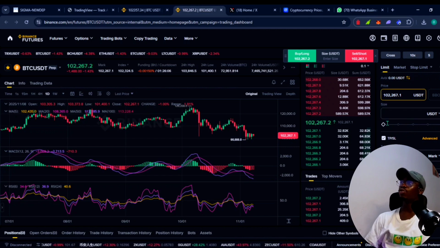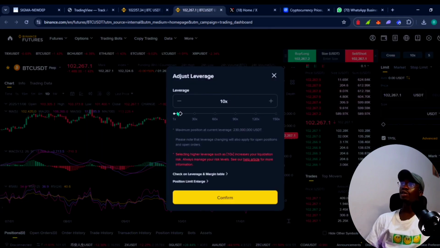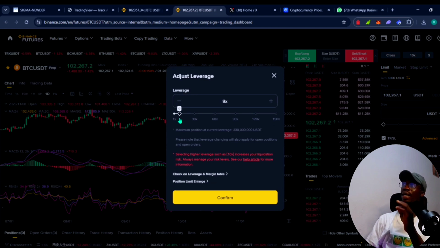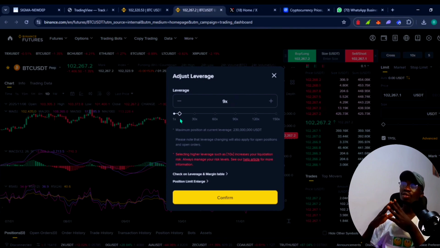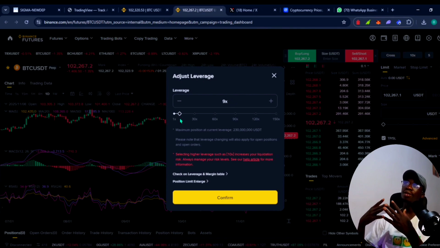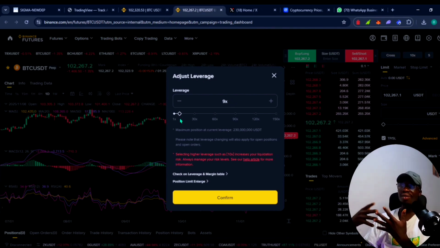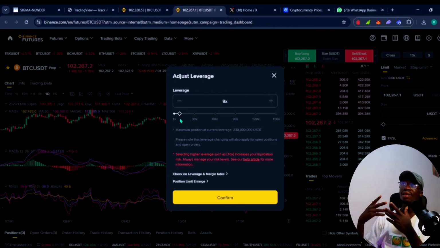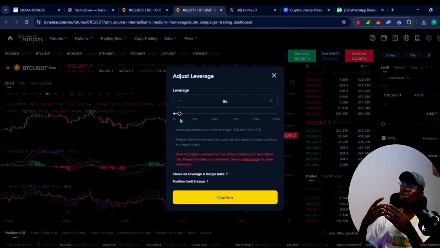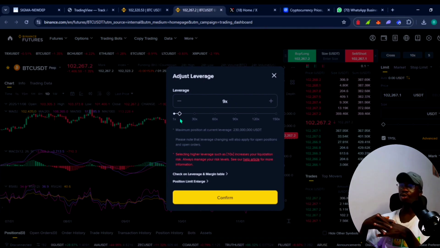So now I can get to choose my leverage. When I use the 5 times leverage, I'll be trading 5 times my capital. So if I want to open a trade of $1,000 to make a profit, I will not need to fund my account with $1,000. All I need, or the exchange is going to be charging me, is just $100 if I'm using a 10 times leverage. That means the exchange is being magnanimous, right? But the thing is, it is crazy because the exposure that will be faced with your account won't be the exposure of $100.